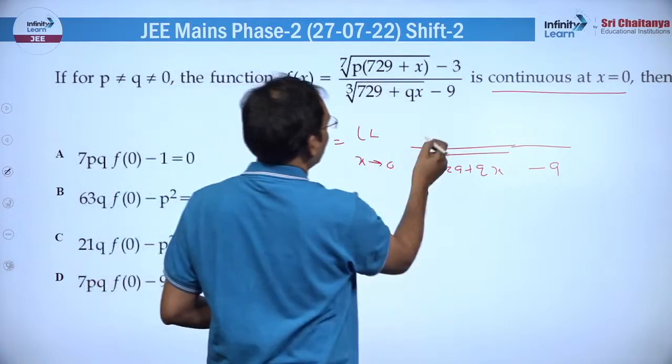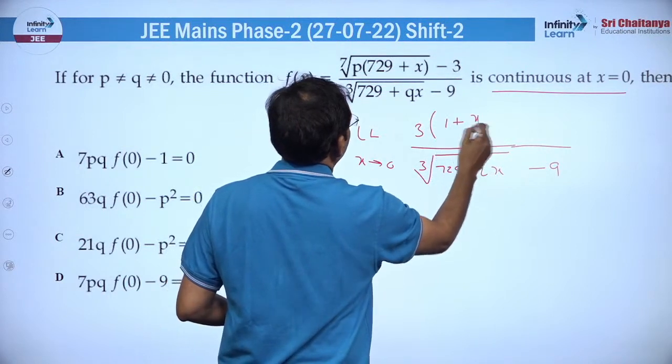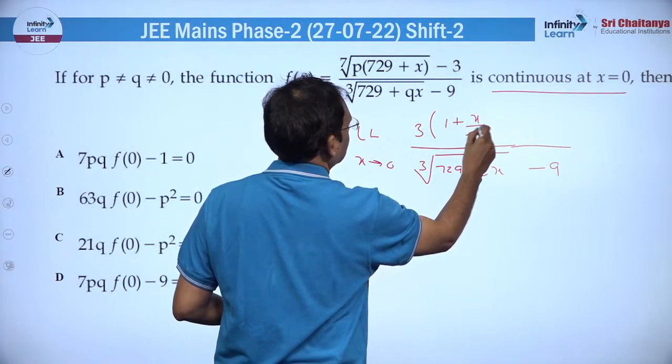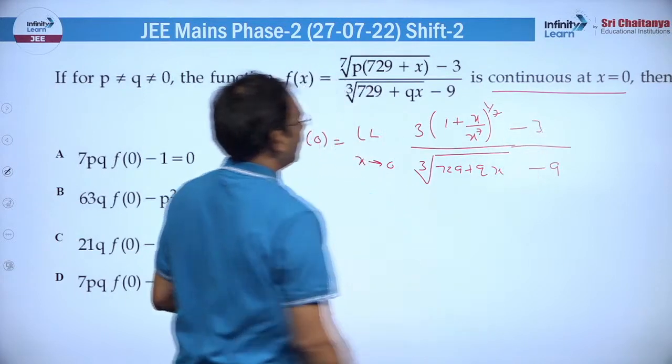So this is 3 power 7. Take 3 power 7 common, 1 plus x by 3 power 7, whole power 1 by 7, minus 3, my dear friends.